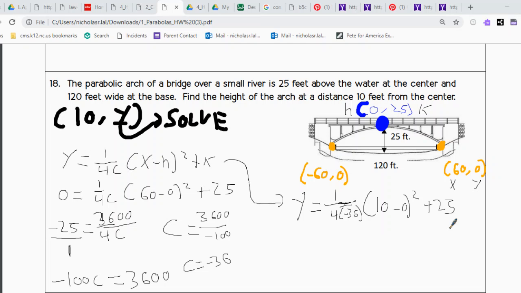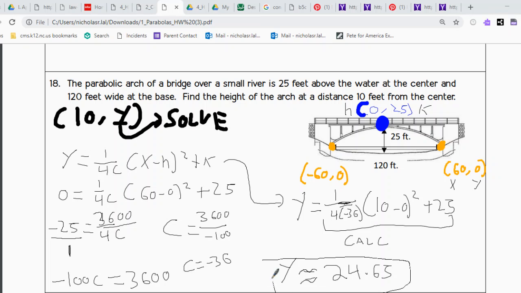All right, and then you plug this all into your calculator. And you should get your y value is equal to approximately 24.6, 24.65.